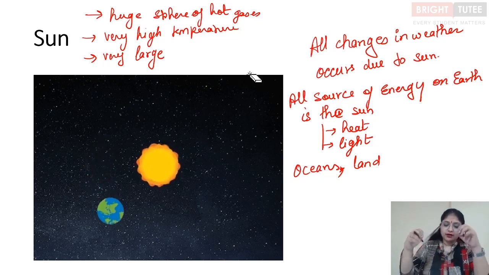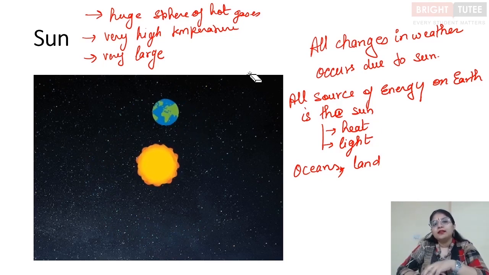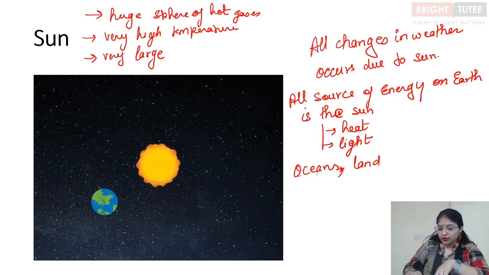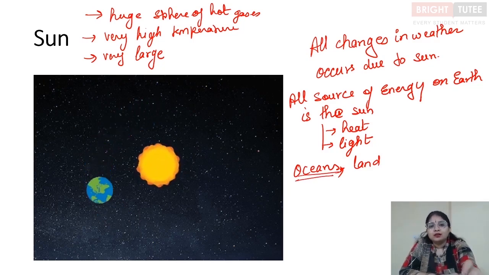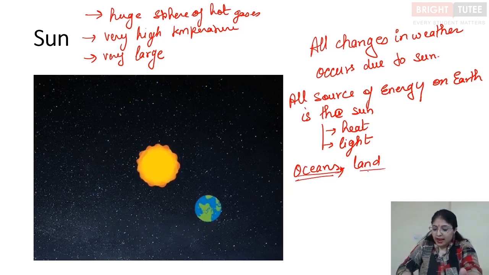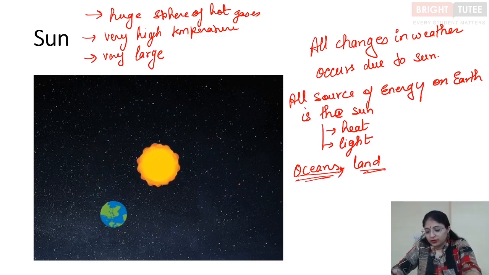Let's understand this with an example. Suppose you're living near the sea. You will find that the weather near the sea is different from that of the desert, right? The land and the ocean surfaces play an important role in determining the weather of a place, depending on what kind of land it is.